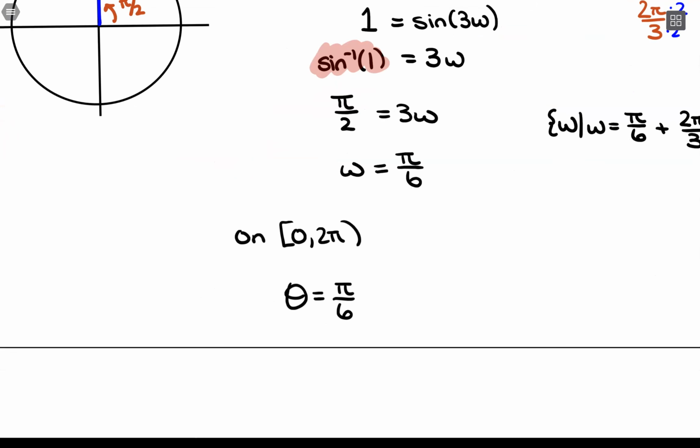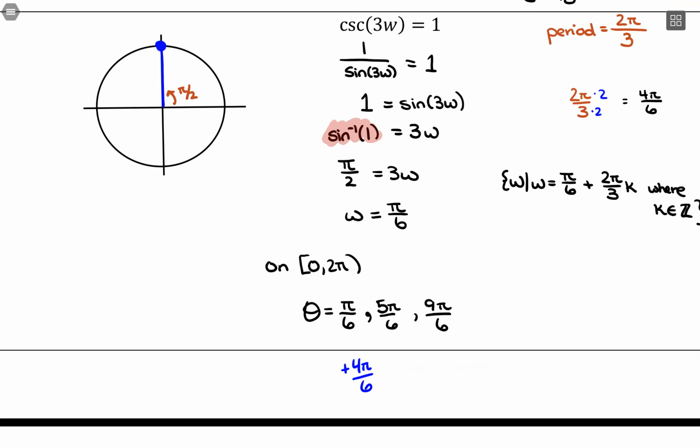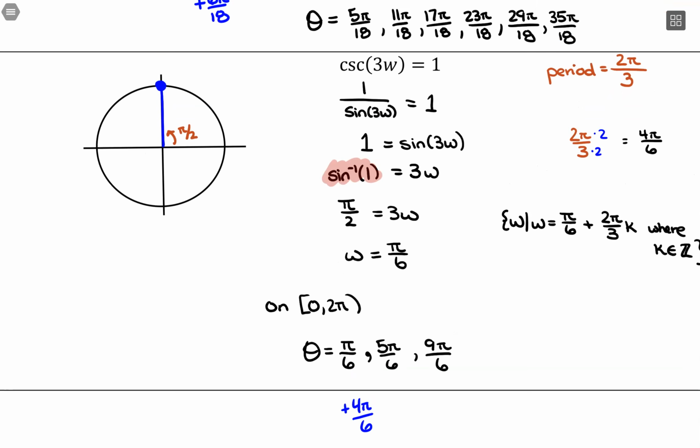So if I think about adding increments of 4 pi over 6, which is really just adding 4 to the numerator, I have 1 pi over 6 plus 4, plus 4, plus 4. However, that goes beyond 2 pi because 2 times 6 is 12, so I actually wouldn't include that last one there. So I'd have 3 angle measurements coming through because of that changed period.